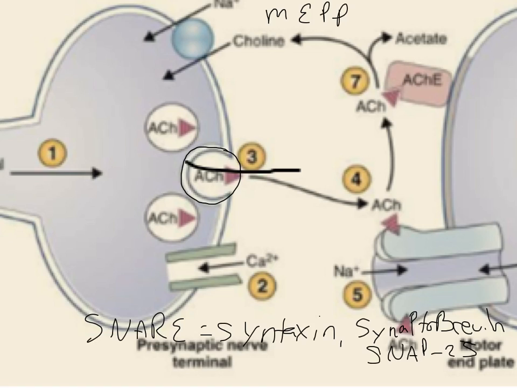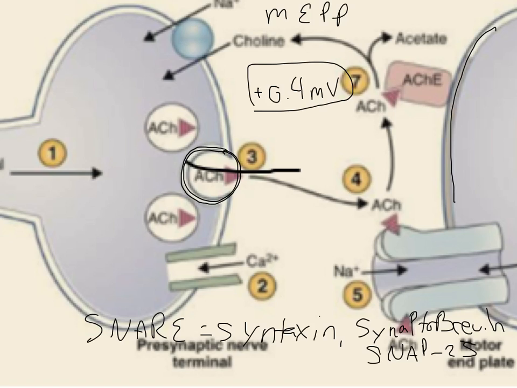It will act on the muscle surface and cause a depolarization of positive 0.4 millivolts. And because each vesicle of acetylcholine will bring about 0.4 millivolts, acetylcholine release is said to be quantal. So there's a quantum of acetylcholine, and that quantum will depolarize by 0.4 millivolts.